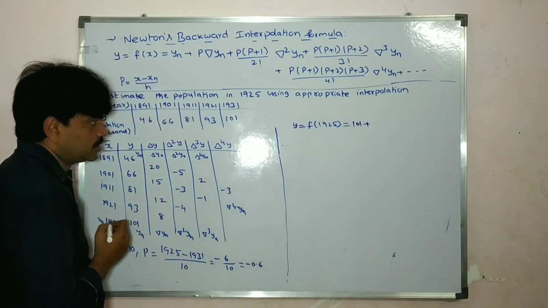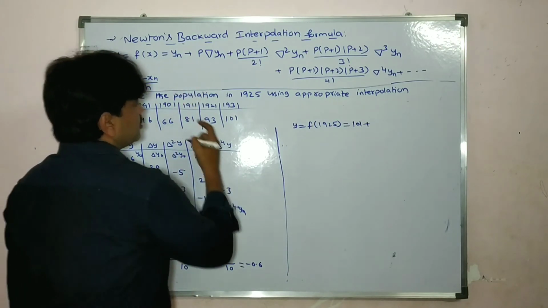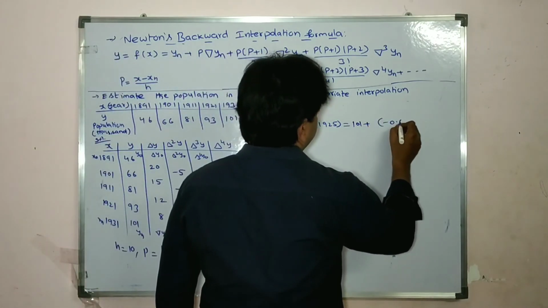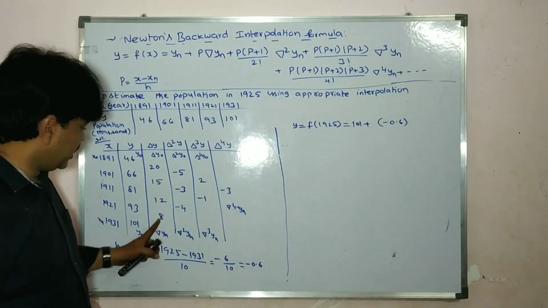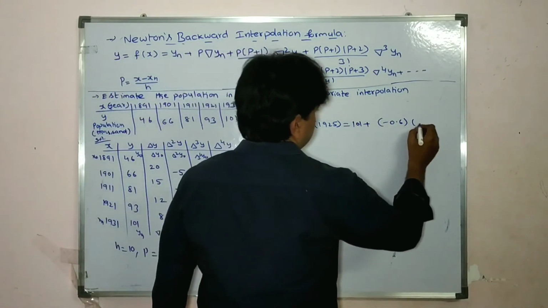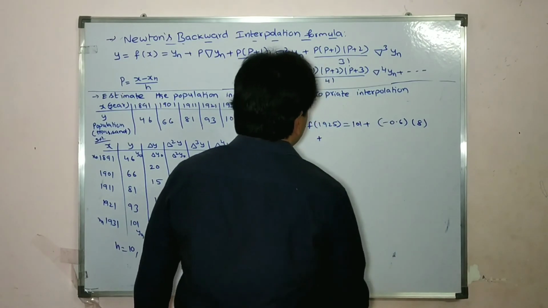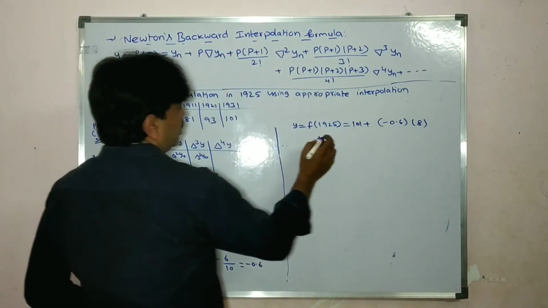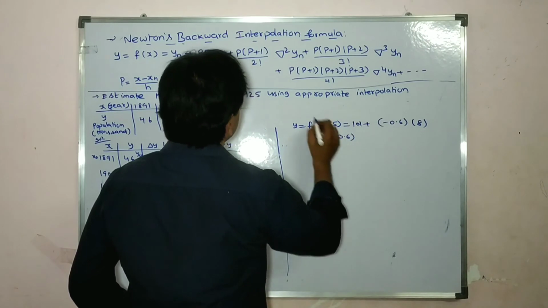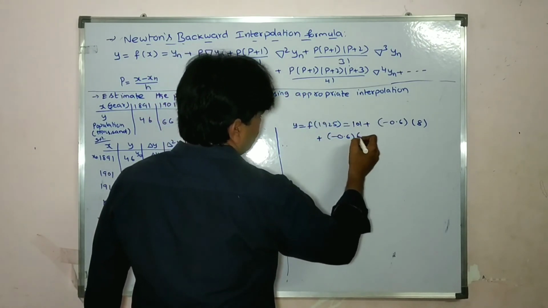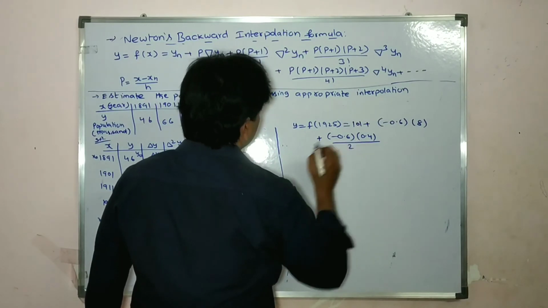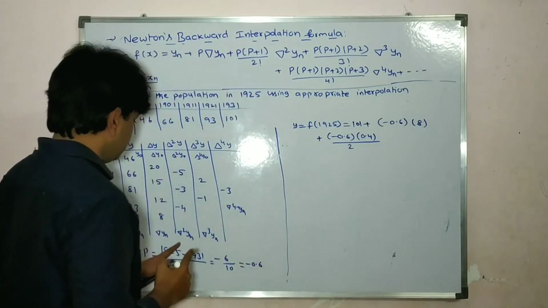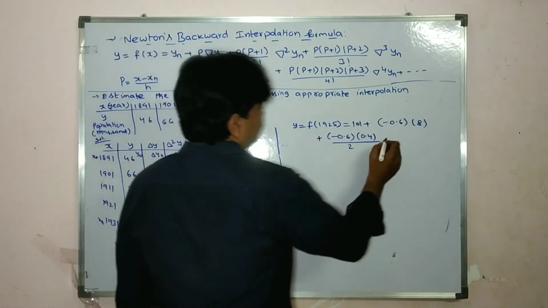So the p value is minus 0.6 into del yn. Del yn is 8, plus p into p plus 1: minus 0.6 plus 1 gives 0.4, divided by 2, del square yn, which is minus 4.